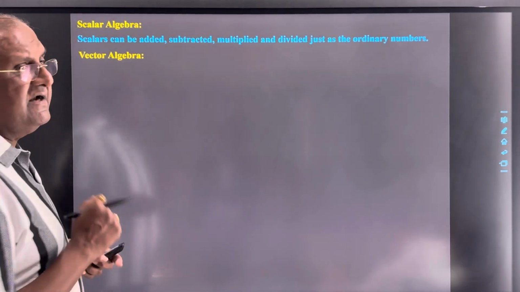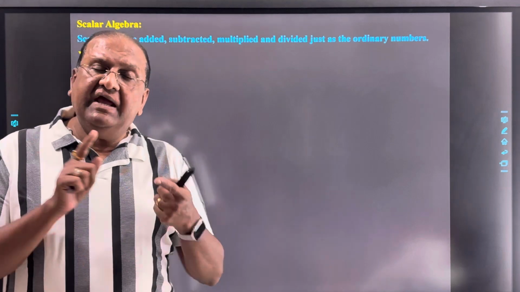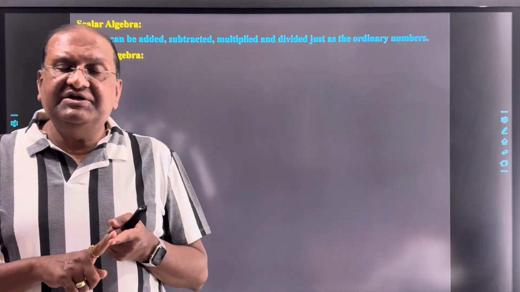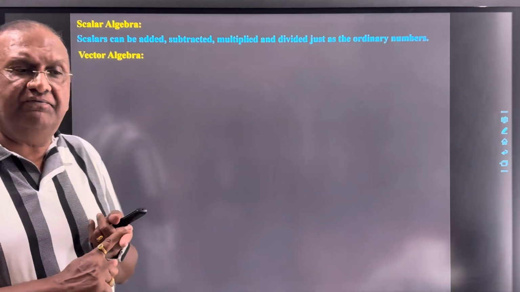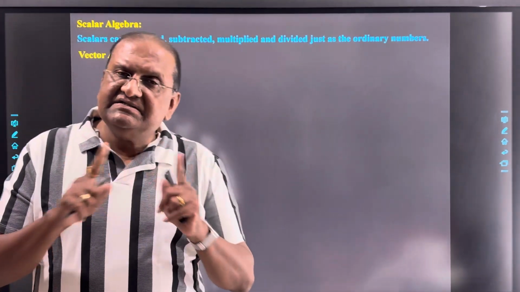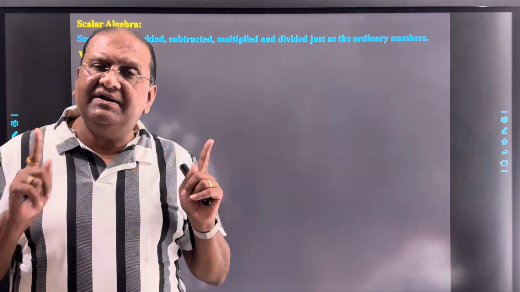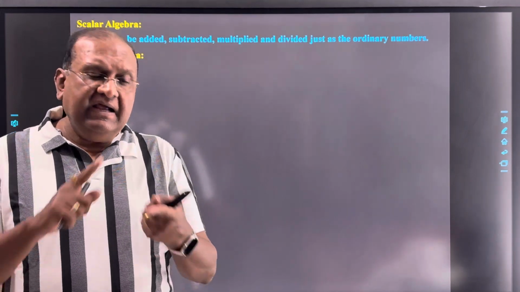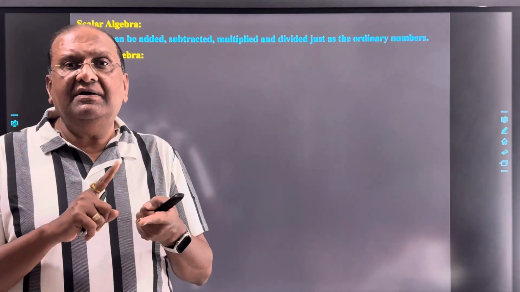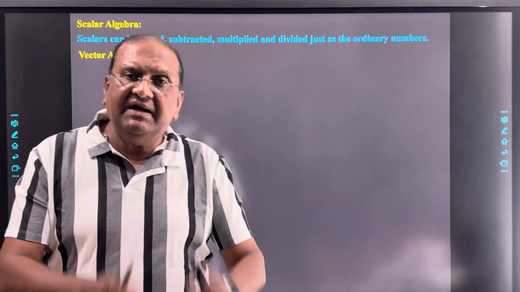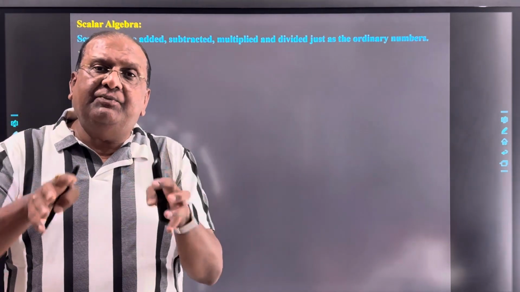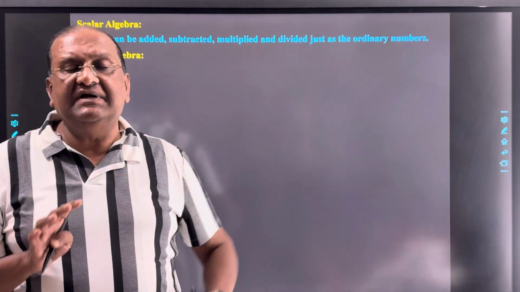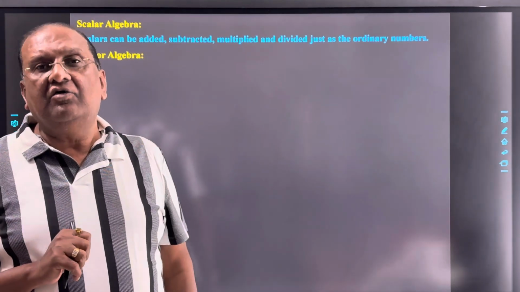Now in vector algebra we have to discuss summation of vectors, subtraction of vectors and multiplication of vectors. Divisions of vectors are not defined. Clear? And this summation, subtraction and multiplication of vectors means it is a special type of combination of vector physical quantities.